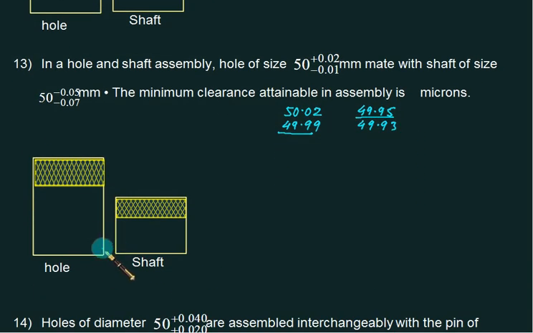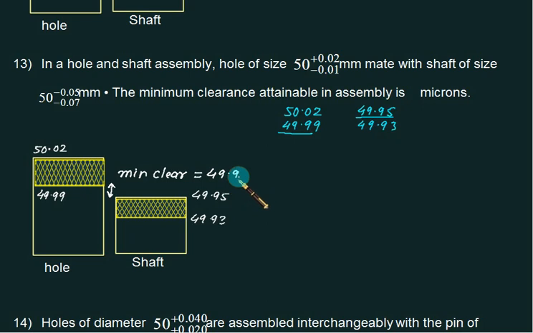The hole maximum size is 50.02, minimum size is 49.99, whereas shaft has maximum size 49.95, minimum 49.93, and we want to find out minimum clearance. So minimum clearance will be minimum size of hole and maximum size of shaft. So minimum clearance is 49.99 minus 49.95. This is 0.04 multiplied by 1000. 0.04 mm is approximately equal to 40 micron.